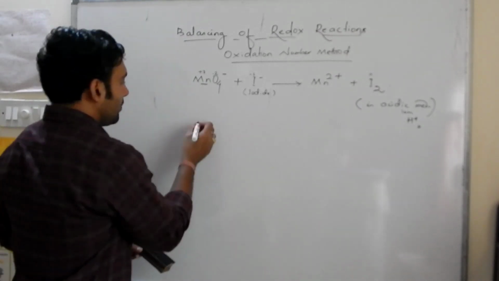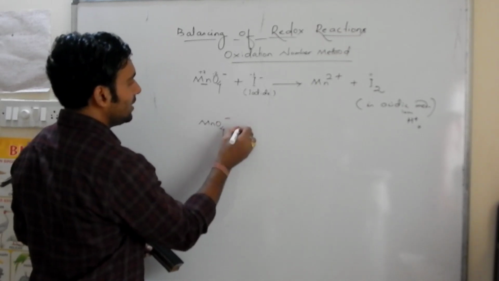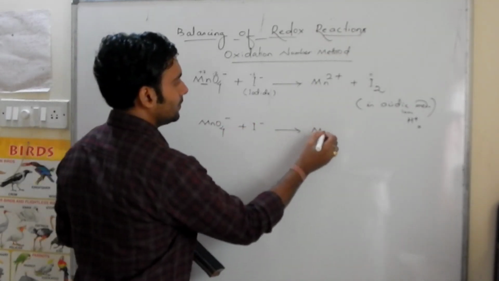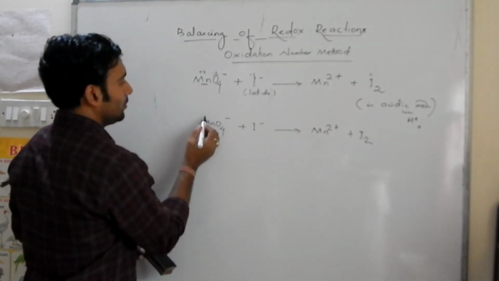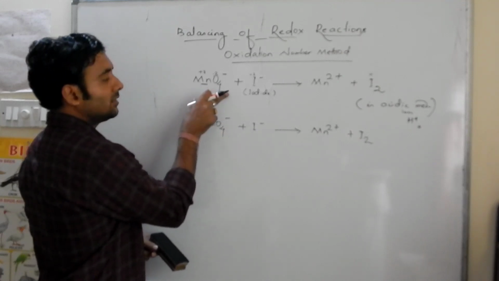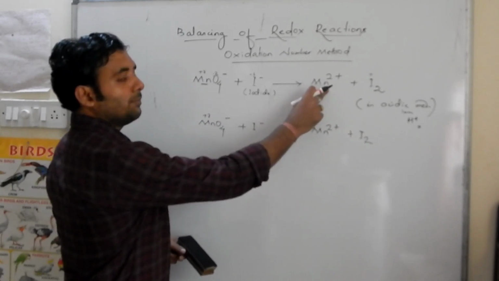The next step is to identify the substance which is getting oxidized and the substance which is getting reduced. Here we can see clearly that in permanganate, the oxidation number of manganese is +7, which changes to manganese 2 plus.